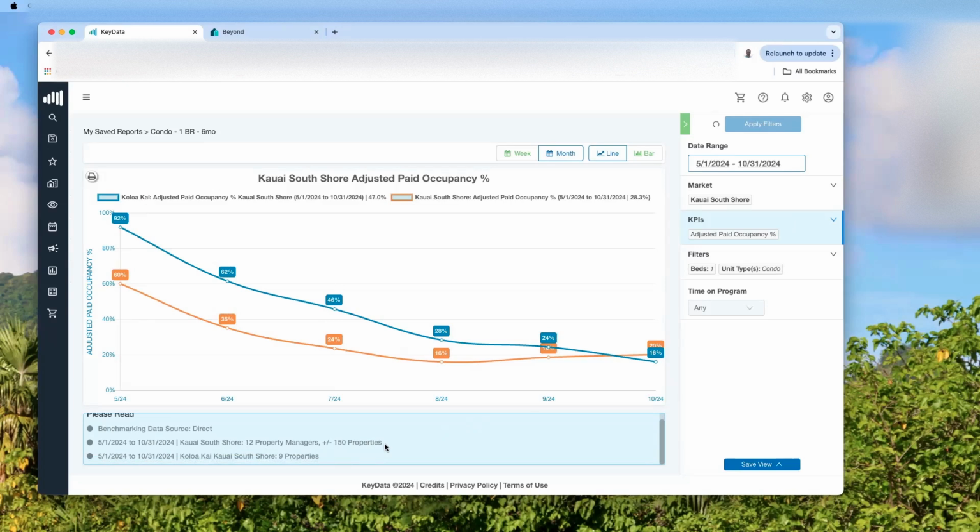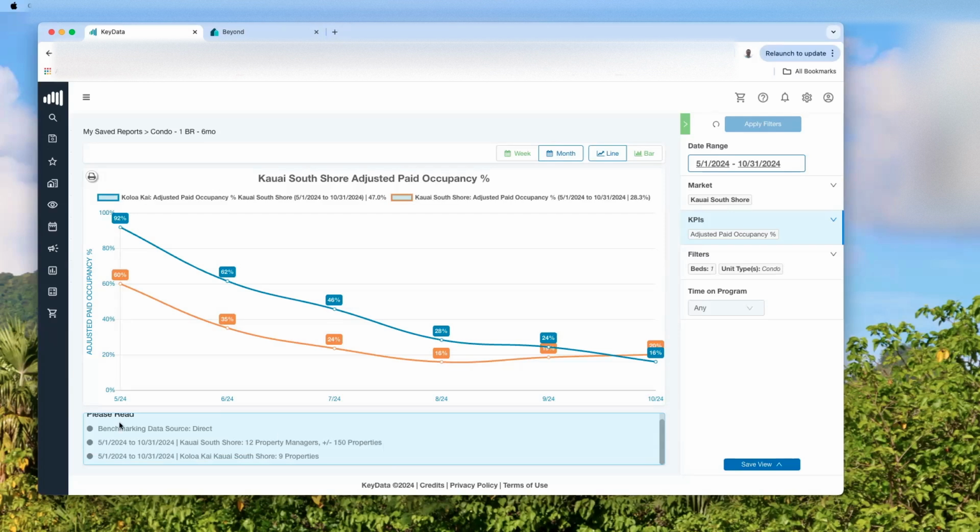Exactly. And the difference between scraped data and direct data, I know we've covered that in the past, is that scraped data takes the advertised rates off of Airbnb, VRBO, and other property managers' websites, and shows you what the advertised rates are and what the calendar occupancy is, which means you're only getting the advertised prices.